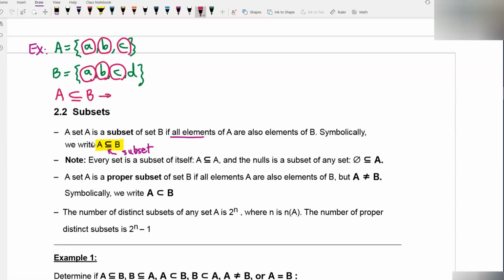What this one means is A is subset of B and A equal to B. This one means equal to.